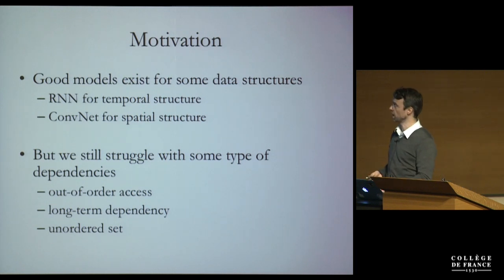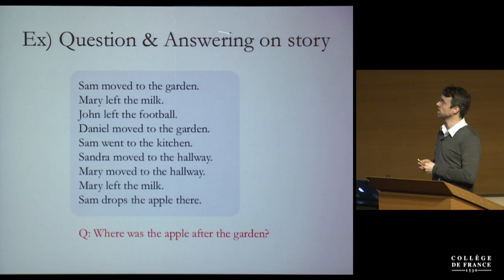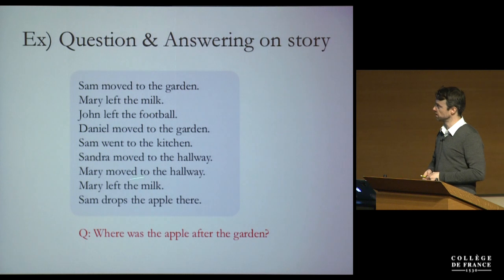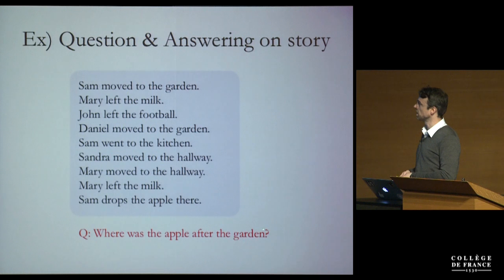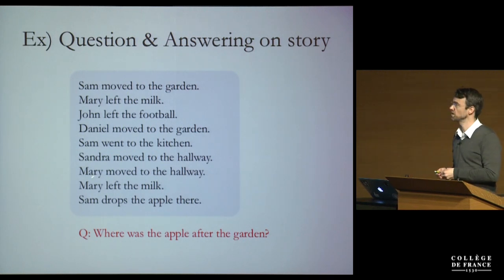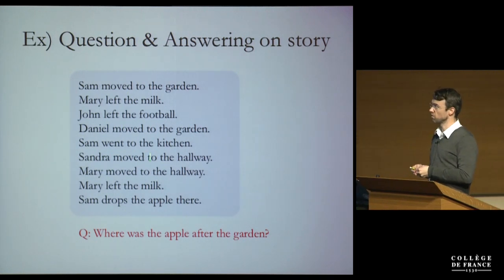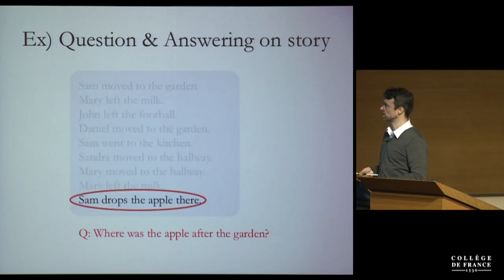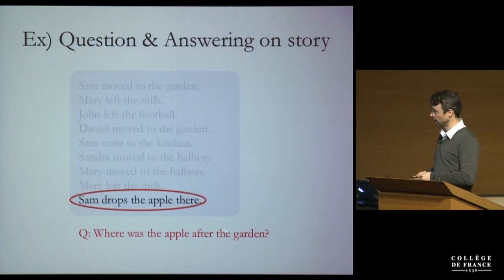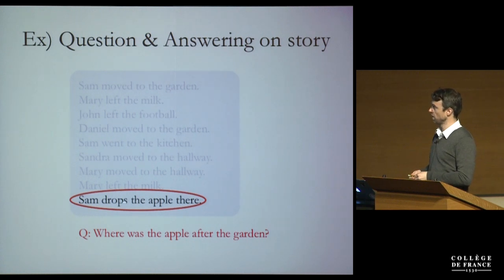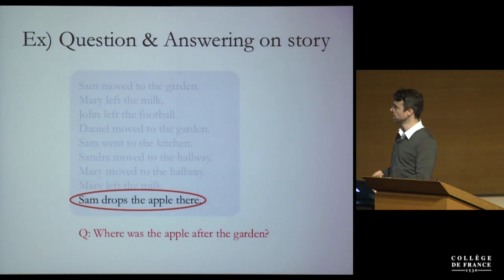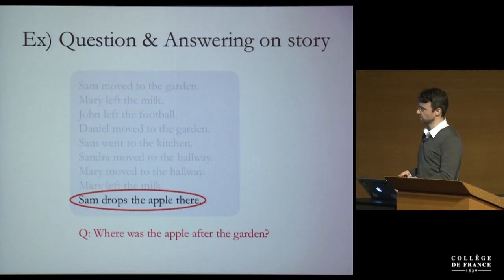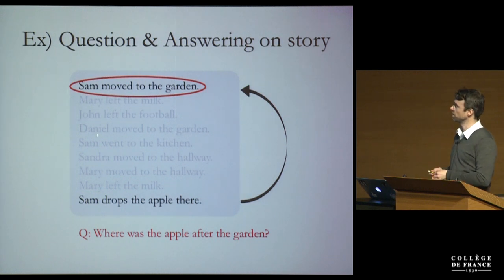Just to give you an example of a kind of problem like that, here's a little question answering problem. We're given a series of sentences in simple English, and then we're given a question: where was the apple after the garden? To answer this, you need to access different sentences. Many of these are irrelevant, but if you trace what you have to look at to correctly respond, you first have to understand that you're talking about an apple, where there's a sentence talking about apples, and then Sam is involved with the sentence, so you have to find where Sam appears.